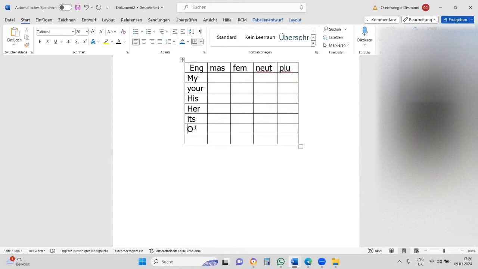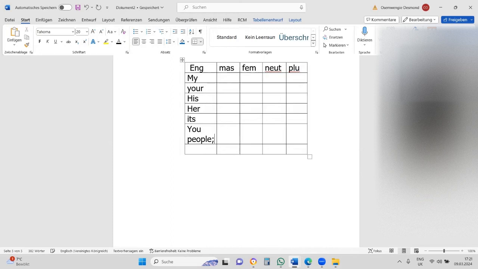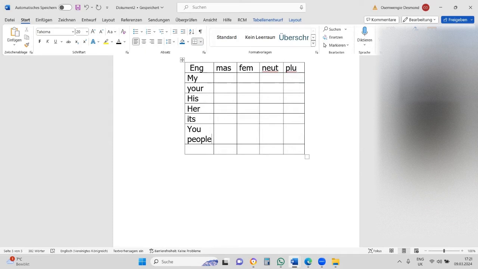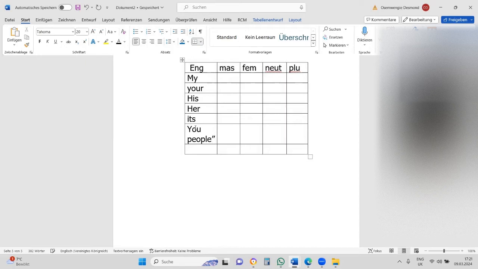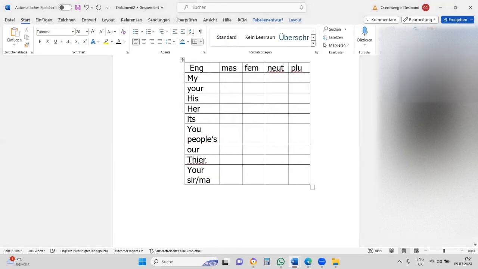So it's our, your people's, then we have our, then we have their, and we have your in the formal setting, your sir, your ma. My keyboard is a bit in German, so it's not easy, but let me just do this for now. Okay, good, and we have their.